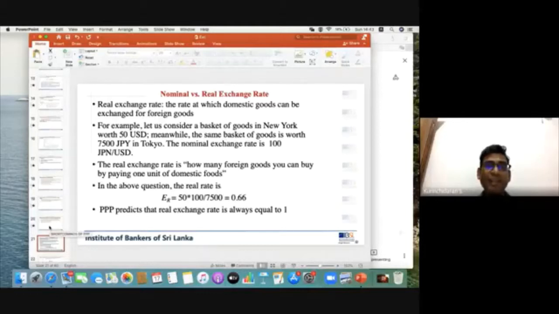So real exchange rate, it's 50 multiplied by 100, that's the foreign good price, divided by the local goods price, that's 7,500. So now the real exchange rate is, 1 yen is equal to 0.66 dollar.